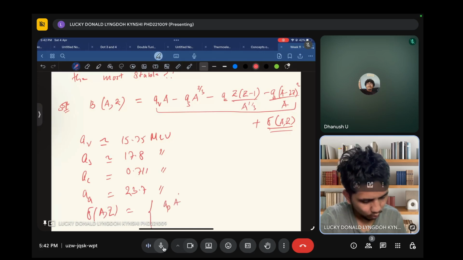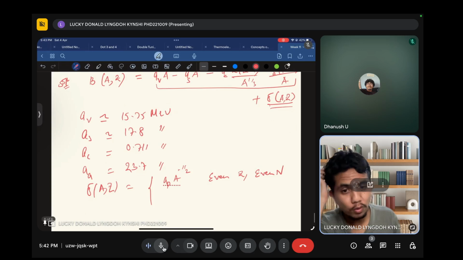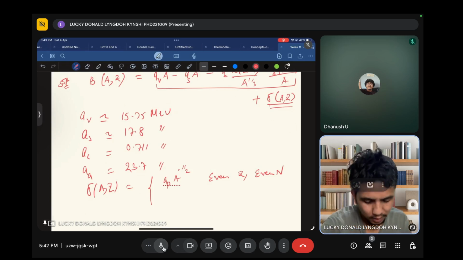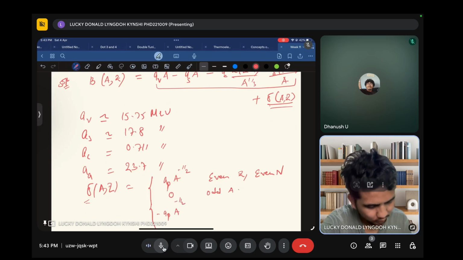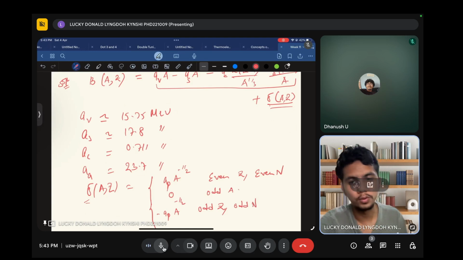A to the power minus half if Z even, N even. If both the number of neutrons and the number of protons are even, then the parity term is AP times A to the power minus half; it is equal to 0 for odd mass number; and minus AP times A to the power minus half for odd atomic number and odd number of neutrons.